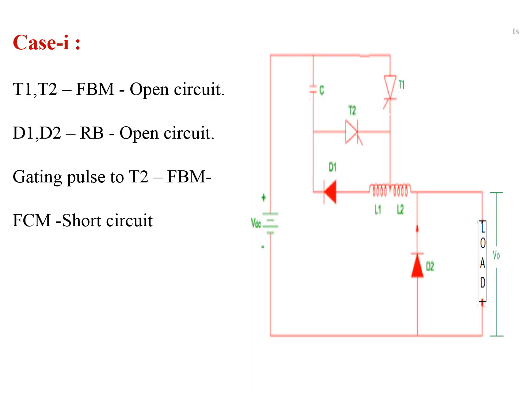Please concentrate on the working. This is the first case of working of the Jones chopper, and this is the circuit diagram. Initially the VDC voltage source is applied to the circuit. The positive polarity of VDC is connected to the anode of T1, anode of T2 and cathode of D1 through capacitor C. So thyristors T1, T2 are in forward blocking mode, which act as an open circuit before giving the gating pulses to T1 and T2.